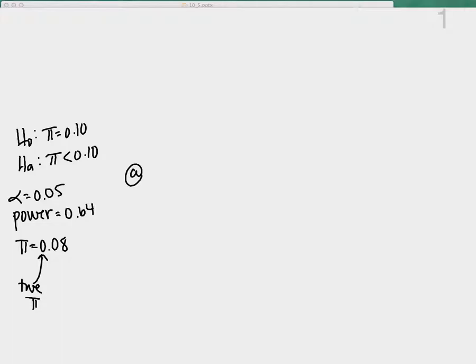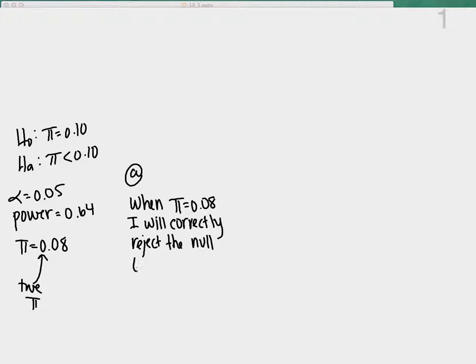Okay, so I'm going to put a few more numbers in there. So when pi equals 0.08, I will correctly reject the null 64% of the time.